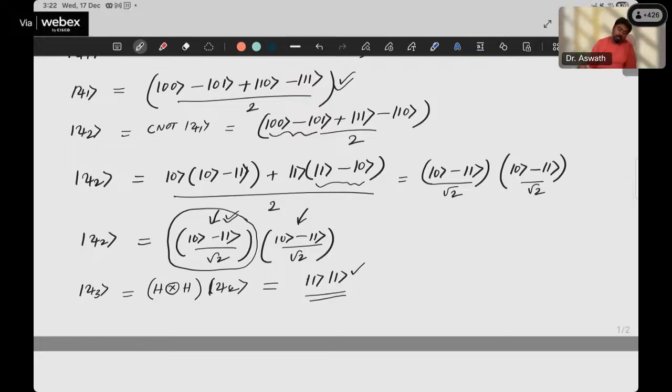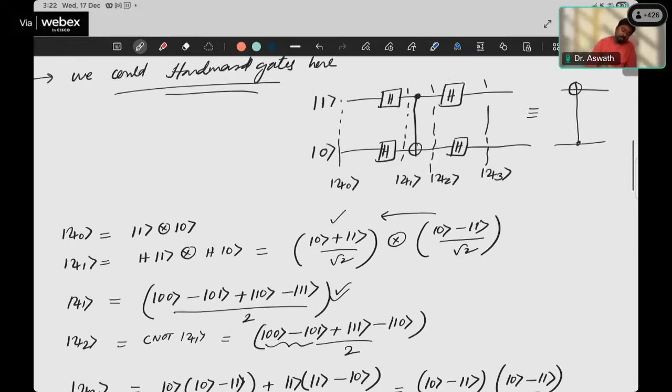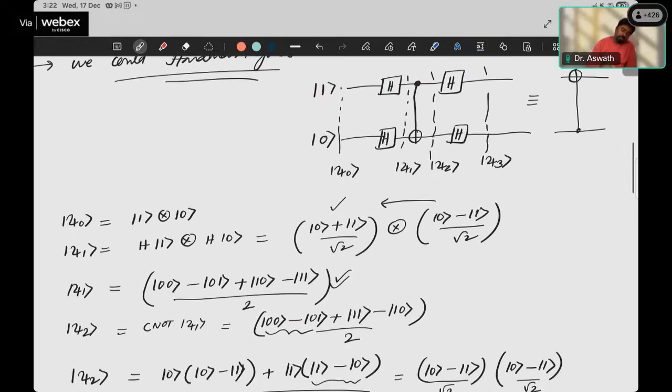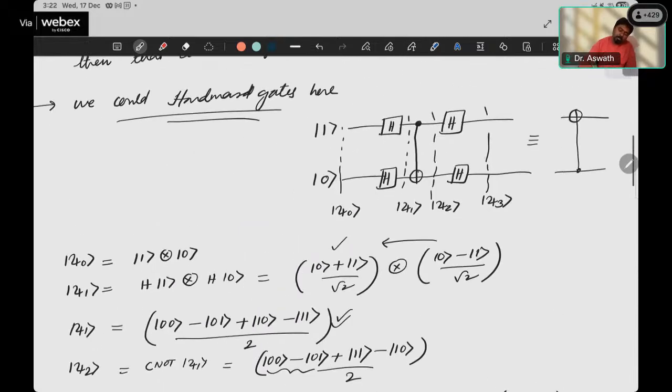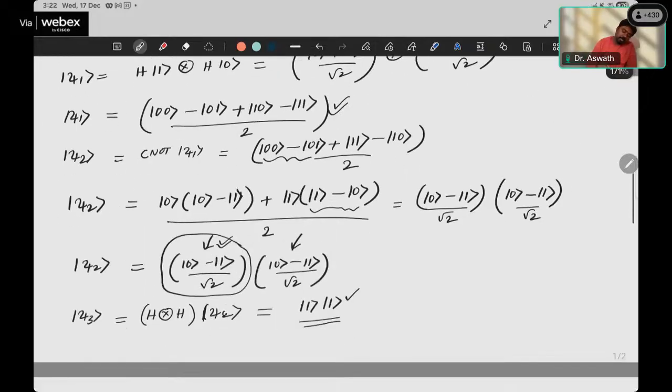So I was having earlier 1 0, right? Now it has become, just a minute, yeah, it was having 1. So before having the second two Hadamards, what I see is the control part got modified. Usually it doesn't get modified in the case of a controlled-NOT gate.